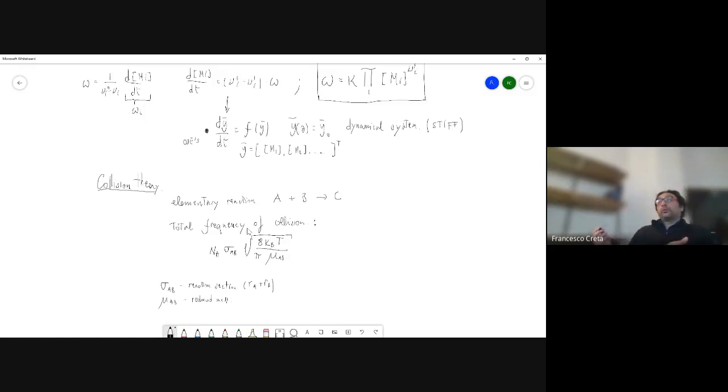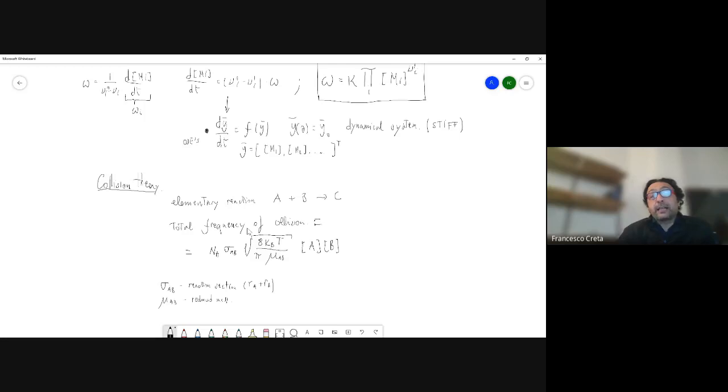But also, what else will they depend on? Well, the frequency will also depend on the concentration of A and B, obviously. And this is really important, right? So we'll just write down, in fact, the product, okay? So this is the total frequency, which makes perfect sense.